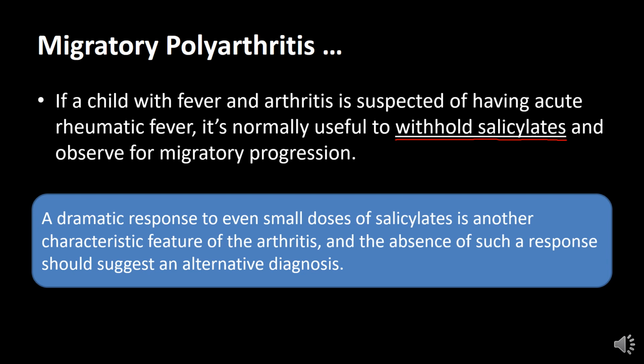Like you can see in this box, there's usually a dramatic response to even small doses of salicylates. So, in case by whatever chance this child ends up taking salicylates and the response is as dramatic as this statement puts it, then that also helps in making the diagnosis.